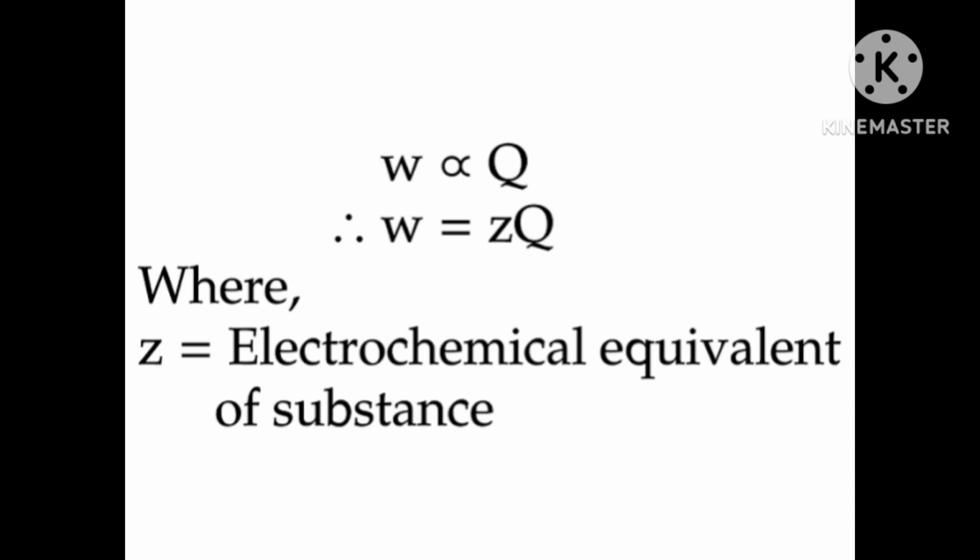Now from the salt you want acid, meaning Ag should go and H should come, correct? RCOOAg, silver salt is there, so you have to remove silver, and in the place of silver, H should come.